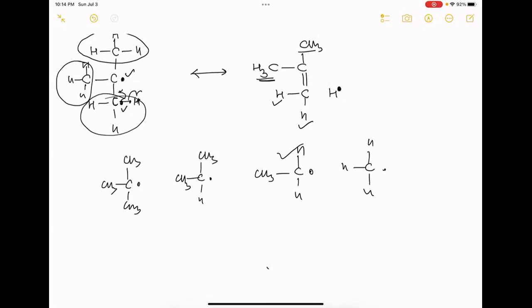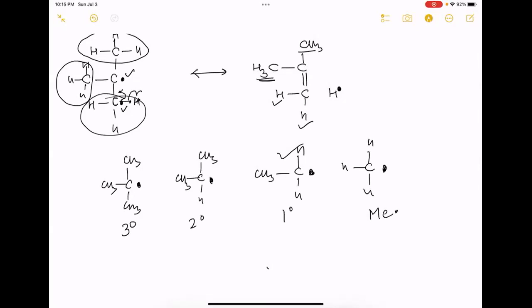So these are the 4 radicals. This is tertiary, this is secondary, this is primary, this is 1 degree, and this is not 1 degree, this is just a methyl radical.